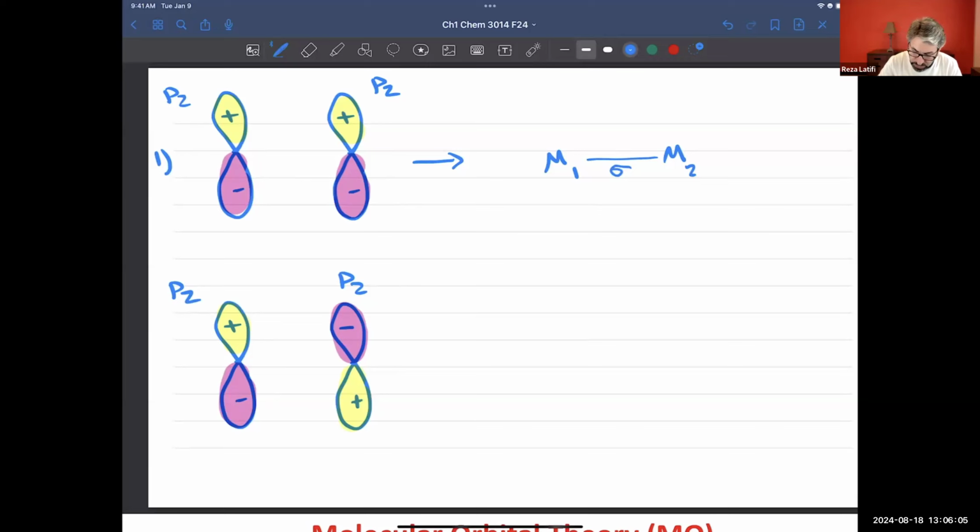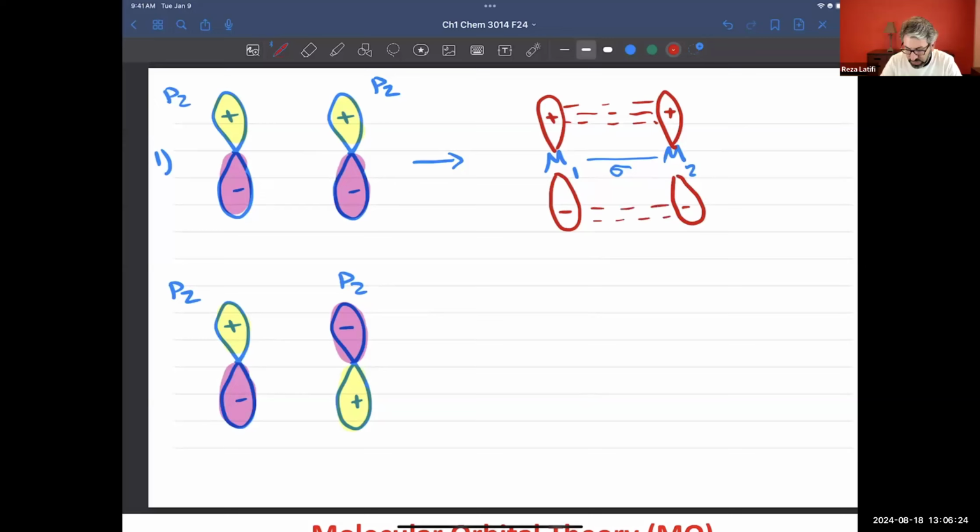You have a p orbital here, another p orbital there. That's positive, this one's positive, and you show the interaction between them by a bunch of dashed lines. Down here, I have negative, negative, the negative also can see the negative.